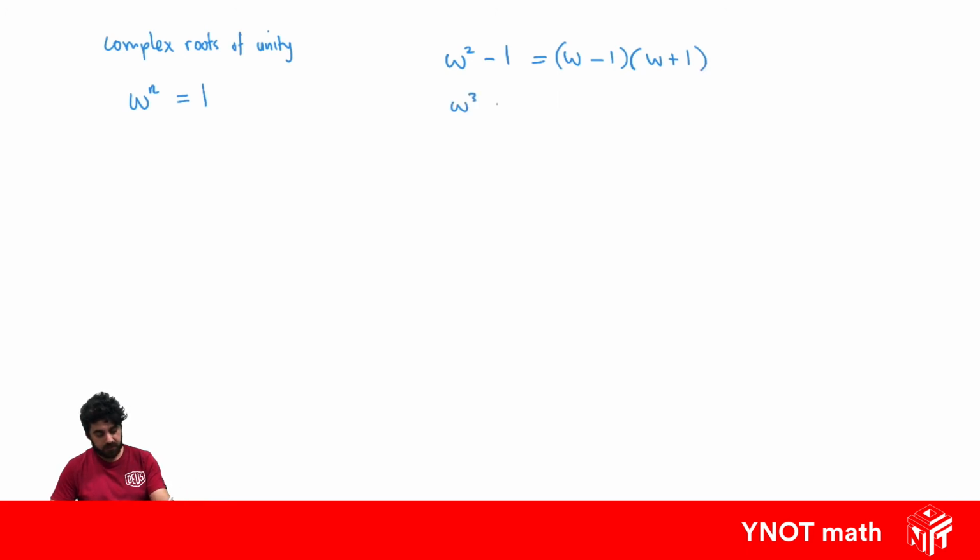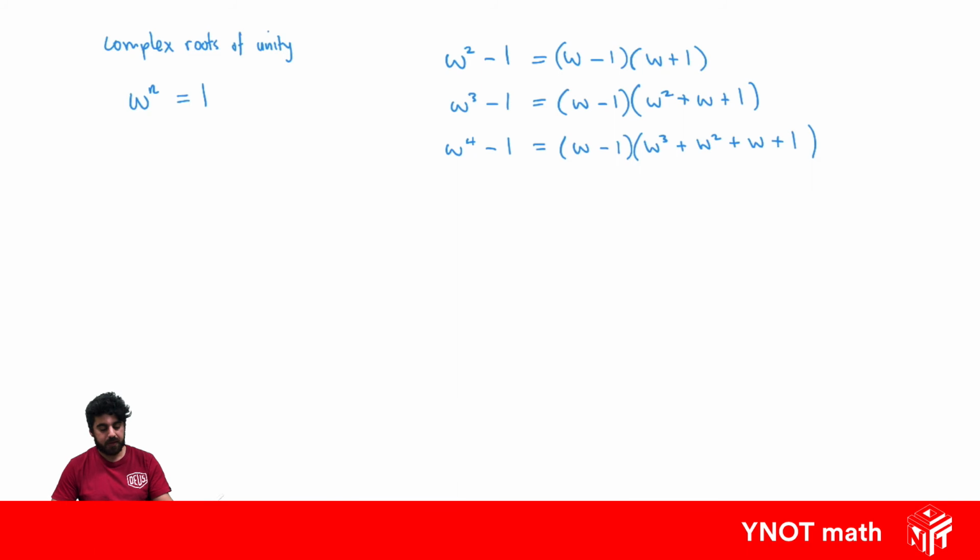What about w cubed minus 1? Well, that's actually w minus 1 outside of w squared plus w plus 1. What about w to the 4 minus 1? Well, that's w minus 1 times w cubed plus w squared plus w plus 1. And we could keep going here.